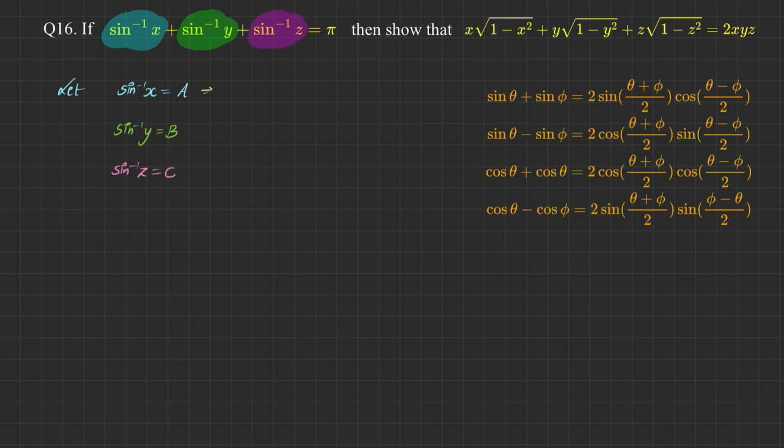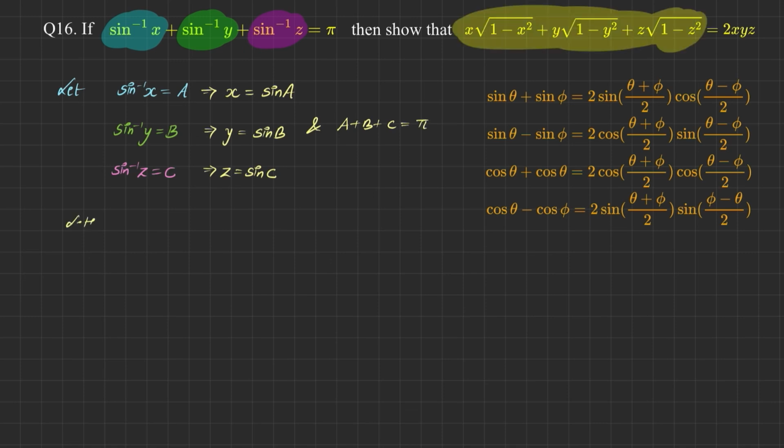So from here x equals sine a, y equals sine b, and z equals sine c, and a plus b plus c equals pi. That was given.